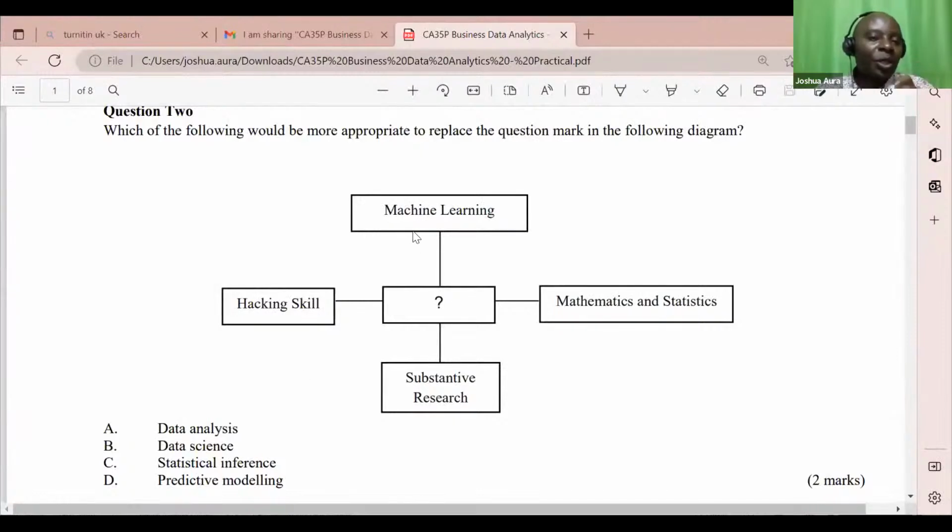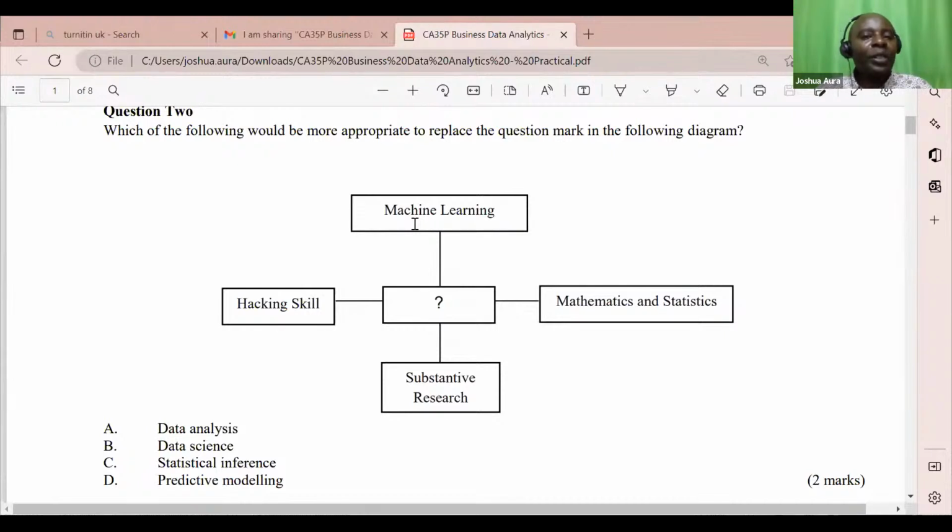But anytime, ladies and gentlemen, we talk about data analytics, always think about machine learning, the AI, like artificial intelligence, etc. So you're using, for example, ChatGPT to do our research, to bring out the data that we need.